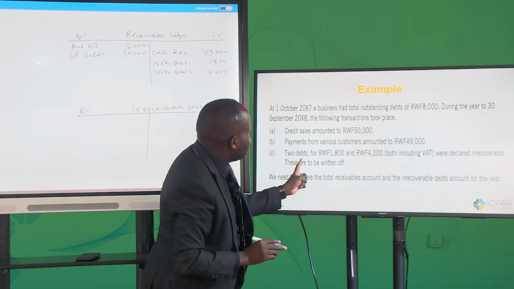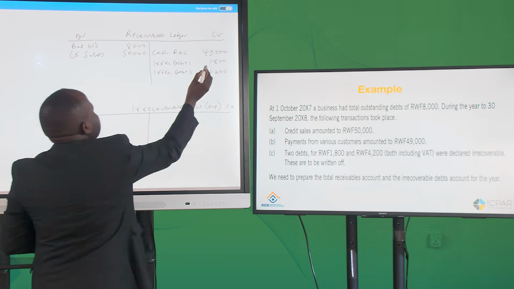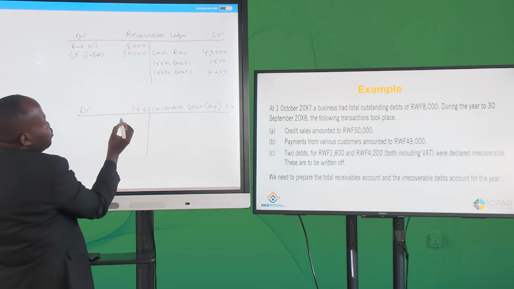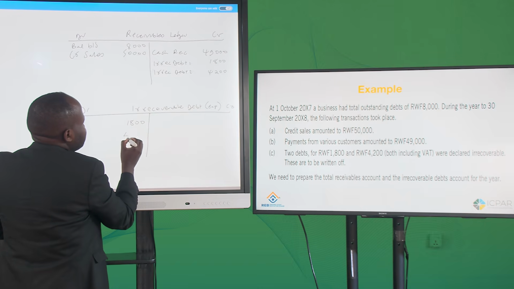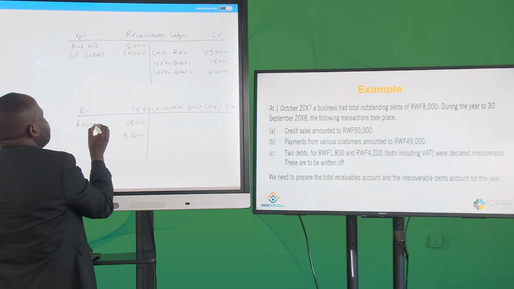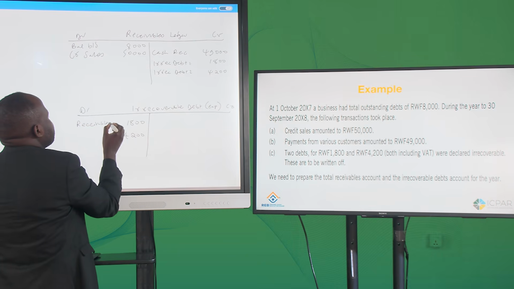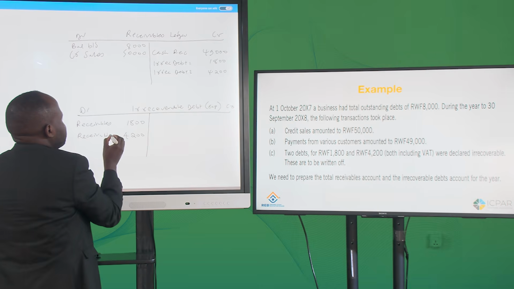These were declared irrecoverable and written off. So these 2 irrecoverable debts will be brought here, 1,800 and 4,200. It is from the receivables account.